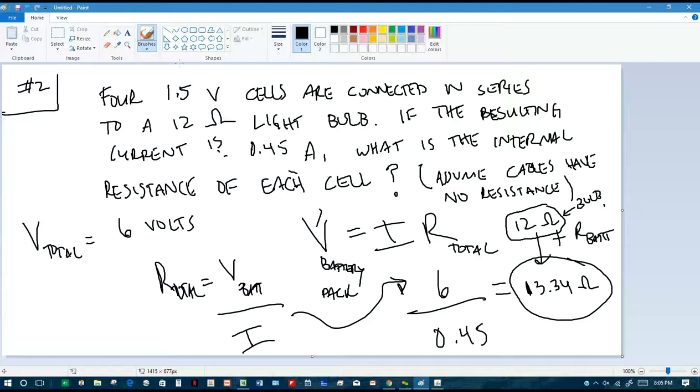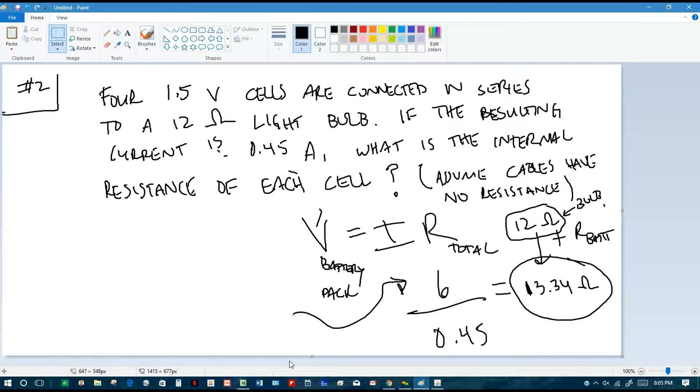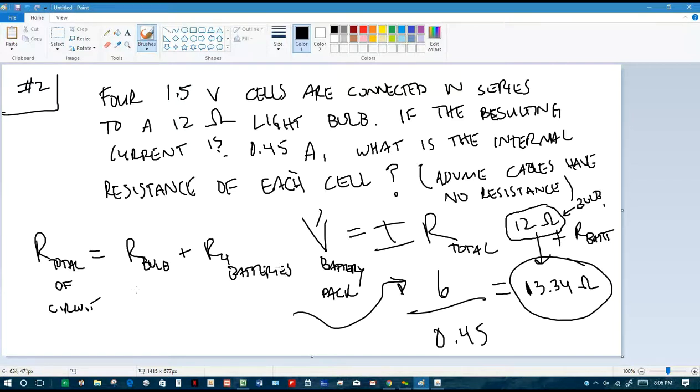1.34. Yeah, exactly. And you certainly could have represented that idea mathematically. You would say that the total resistance of the circuit is equivalent to the resistance of the bulb plus the resistance of the 4 batteries. The total resistance of the circuit we know is 13.34, and the resistance of the bulb they told us was 12.